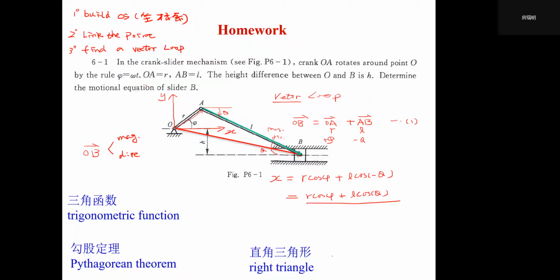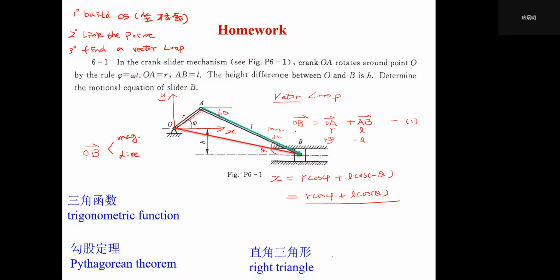Then, with reference to this coordinate system, we find its magnitude and direction. So we do not need to figure out the magnitude and direction of AB, because when we finish this, we try to project this vector equation onto the x-axis and the y-axis respectively.